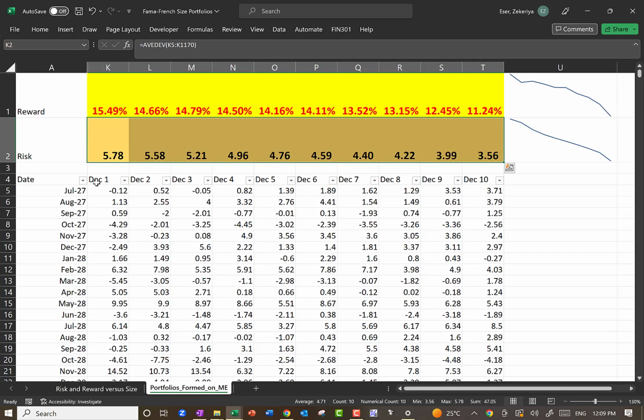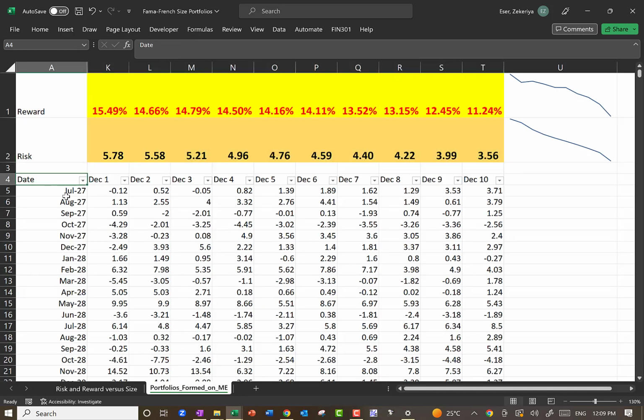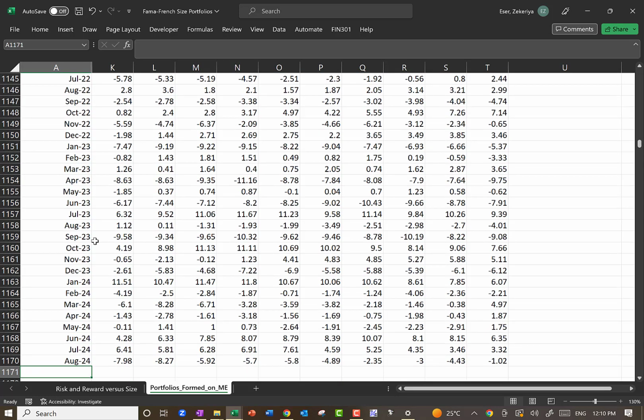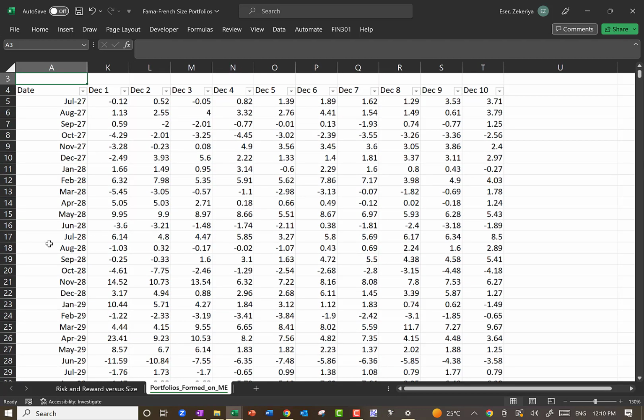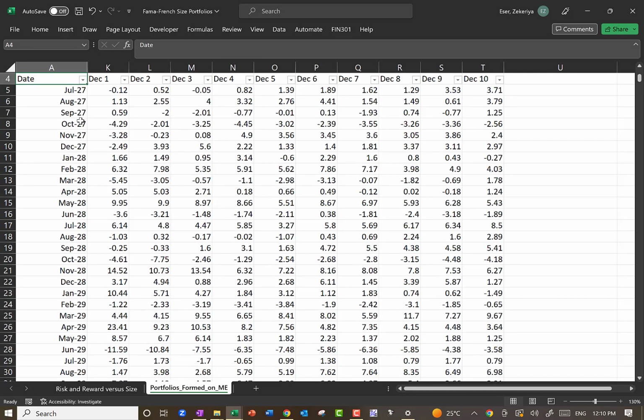Of course, this is starting July 1927 to August of 2000. Why is that 2024? Oh, it should be 26 here. That's my mistake.